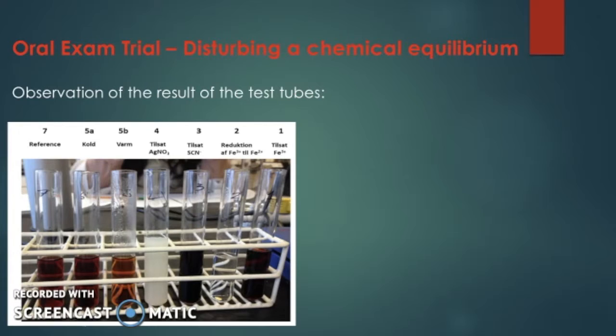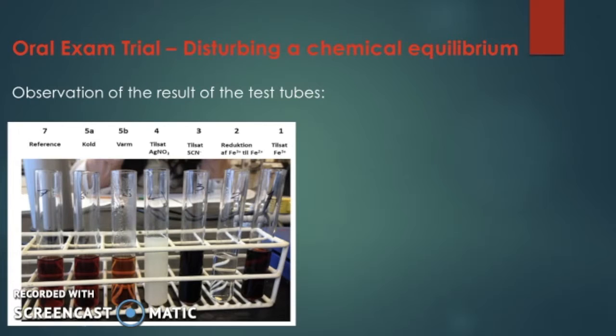In test tube 3 we added thiocyanate ions in the form of potassium thiocyanate to the solution. The color of the solution changed to a darker red. And in test tube 4 we added silver nitrate to the solution, and the color of the solution turned white.